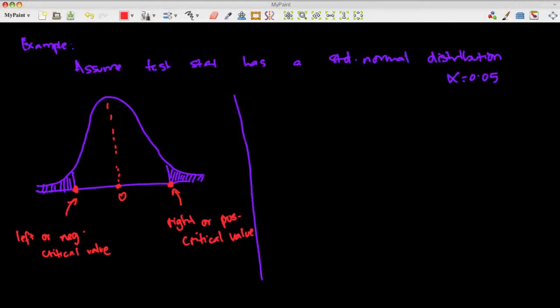And according to our problem, the area of this rejection region is 0.05 over 2, which is 0.025. The area of that rejection region is also 0.05 over 2, which is 0.025.